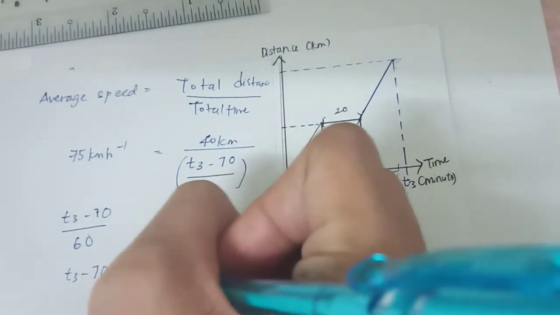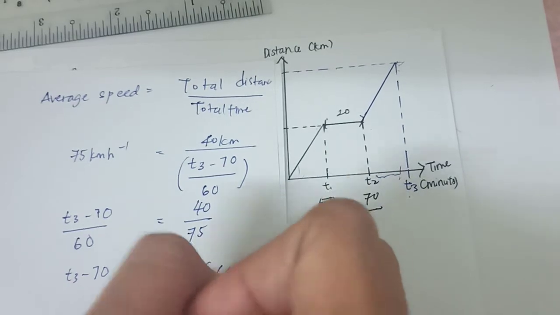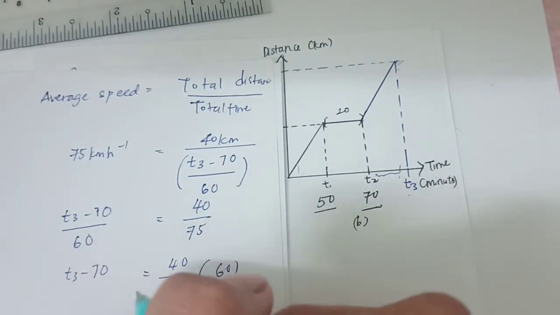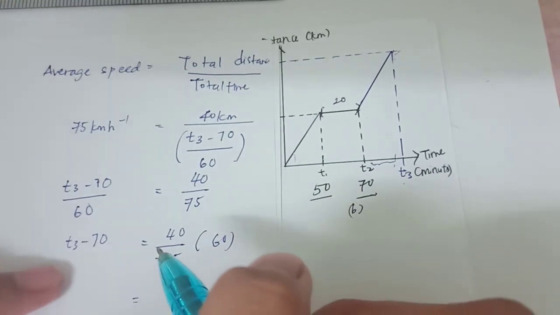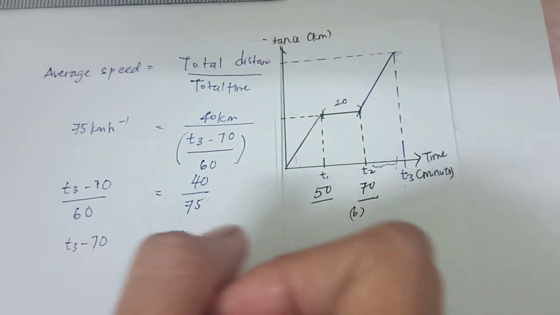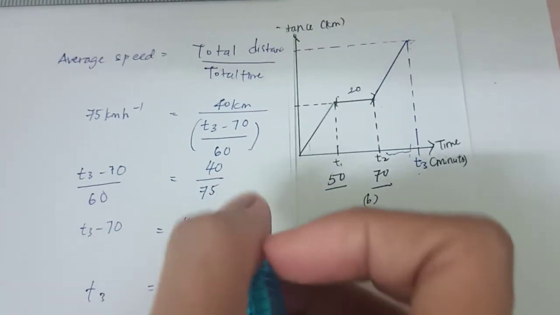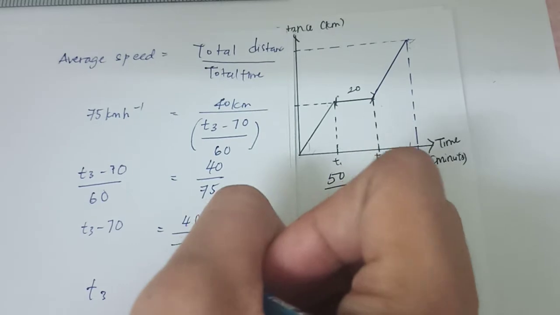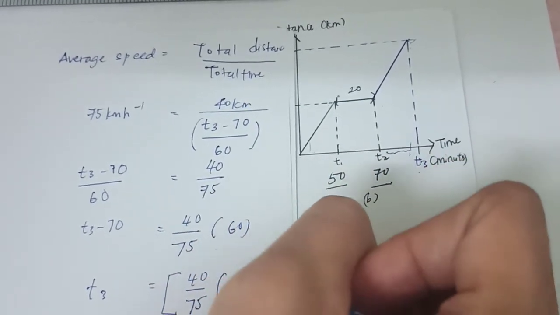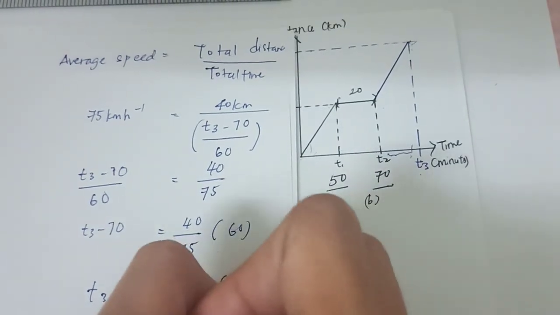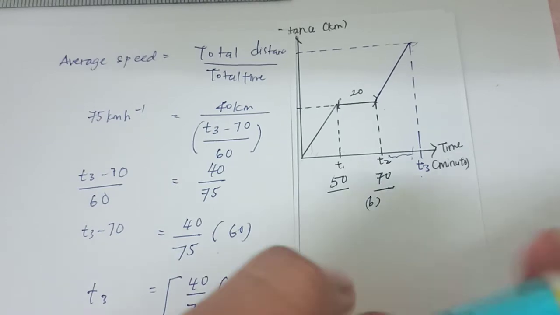So 40 divide by 75 multiply by 60. And then minus 70, move to the other side becomes plus 70. So T3 only, 40 over 75 times 60 plus 70. And you get your T3 in minutes.